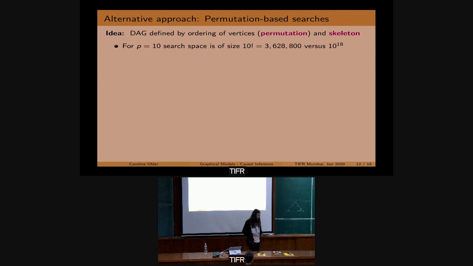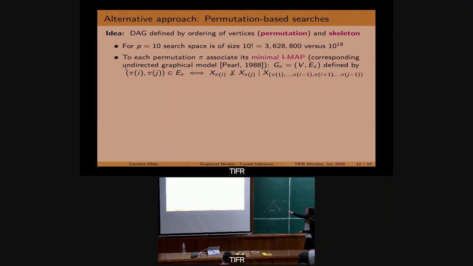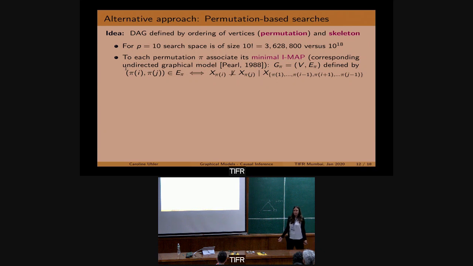Okay, so now, we'll talk about undirected graphs, etc. But believe me that there is, for example, Pearl in 1988, he already showed that if you give me the ordering, it's actually pretty easy to identify the undirected graph corresponding to that ordering. And this is known as the minimal IMAP, and it can be computed, etc. And I have here a formula.